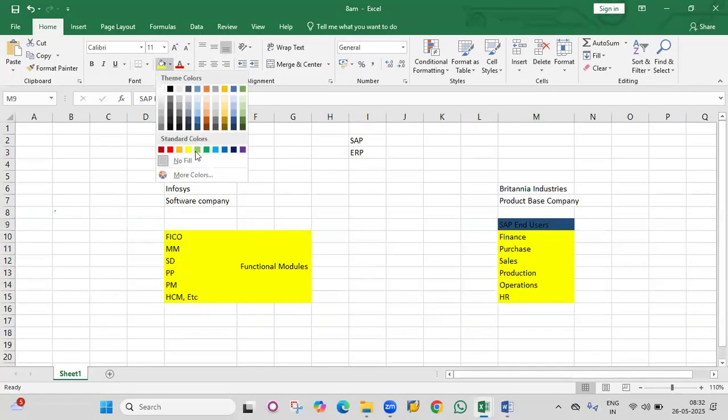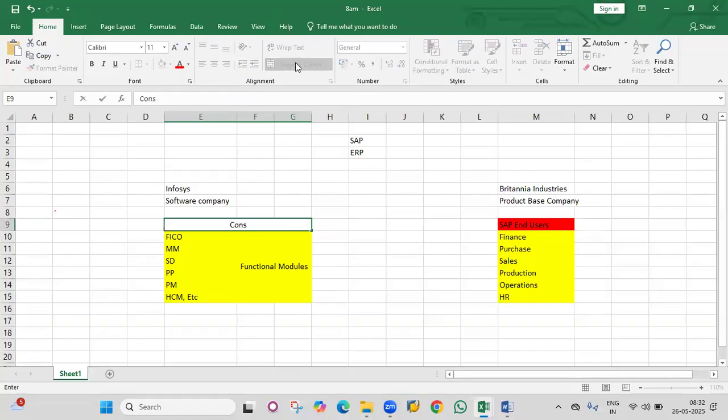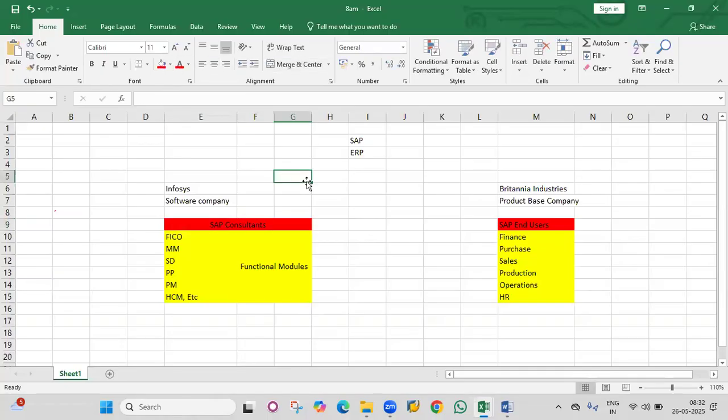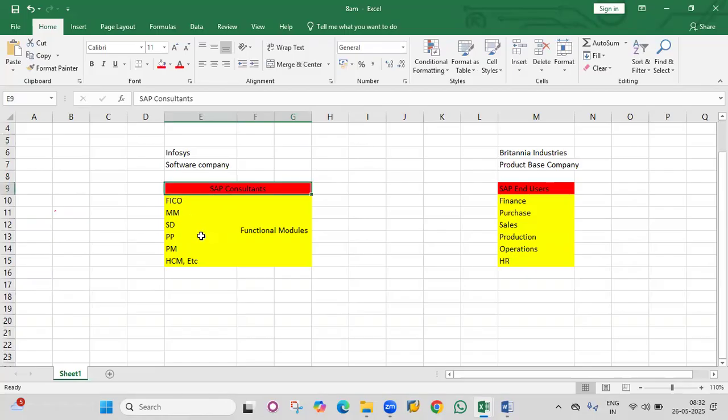One is end users and one more is consultants. We are SAP consultants. So this is the role of consultants and this is the role of end user.